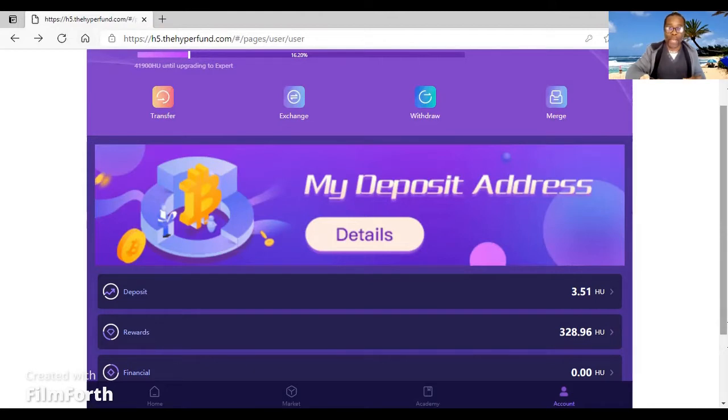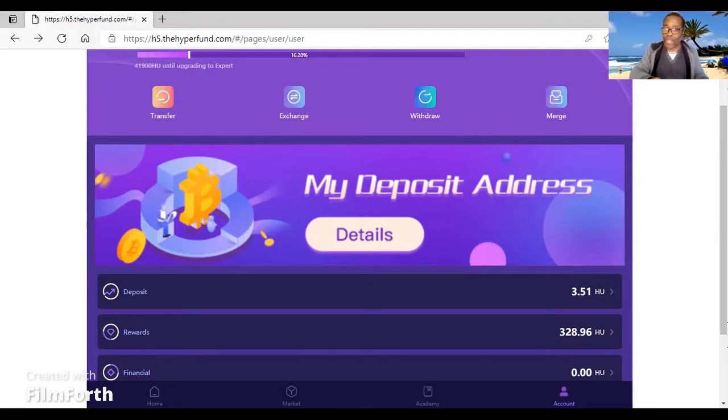Then when you take your MOF, molecular feature, because the HU has to be exchanged for molecular feature, which is a token by HyperFund Global.